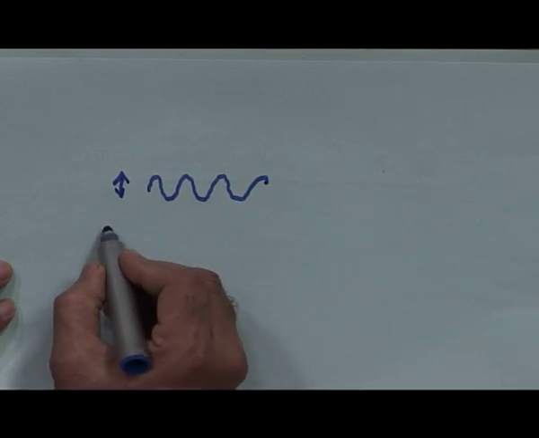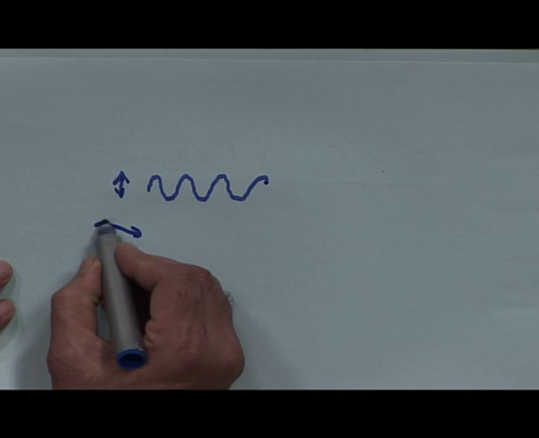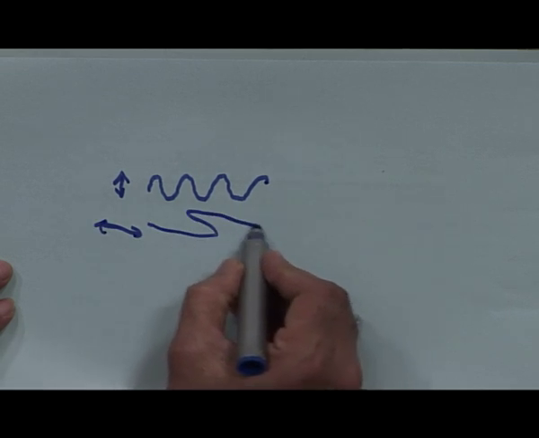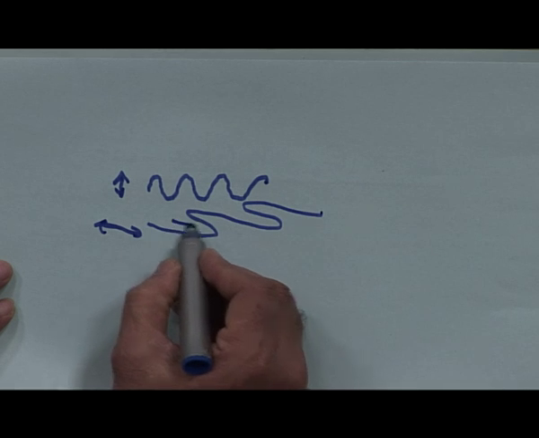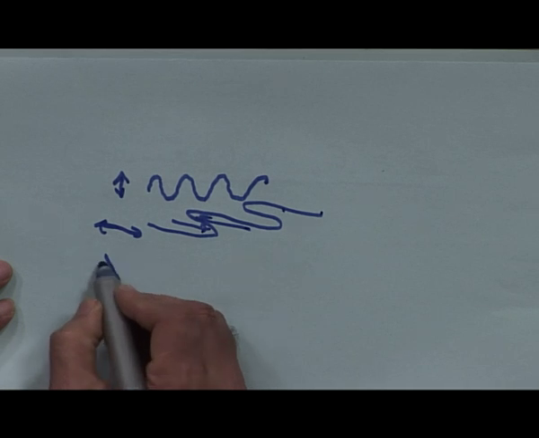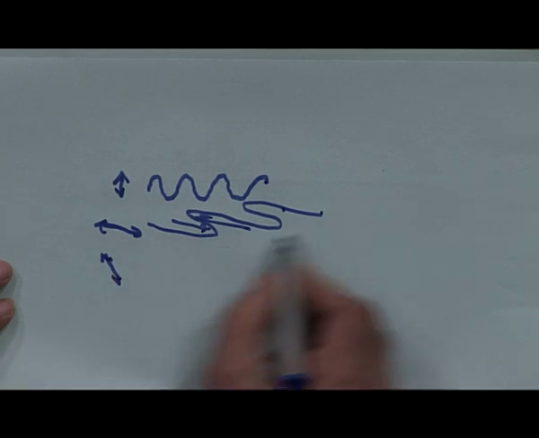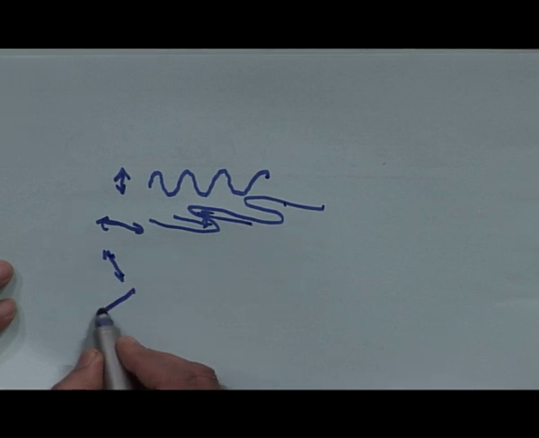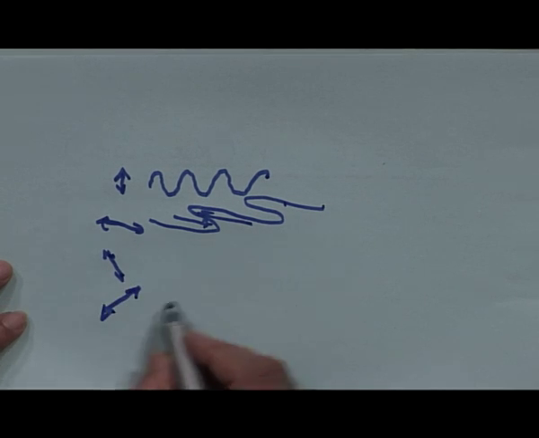Another oscillator which is oscillating like this, the wave emitted will have the electric field varying in this. Another oscillator could be oscillating in a different direction. Another oscillator oscillating in this direction may have a different plane of polarization.